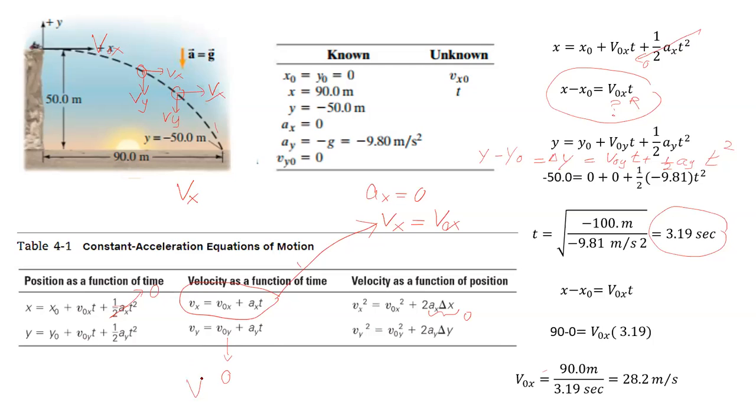Then you will get a negative number just before it hits the ground, which makes sense. If I draw the velocities, Vy is downward, therefore it should be a negative number. In this problem, it is asking us to find the time and the initial velocity.